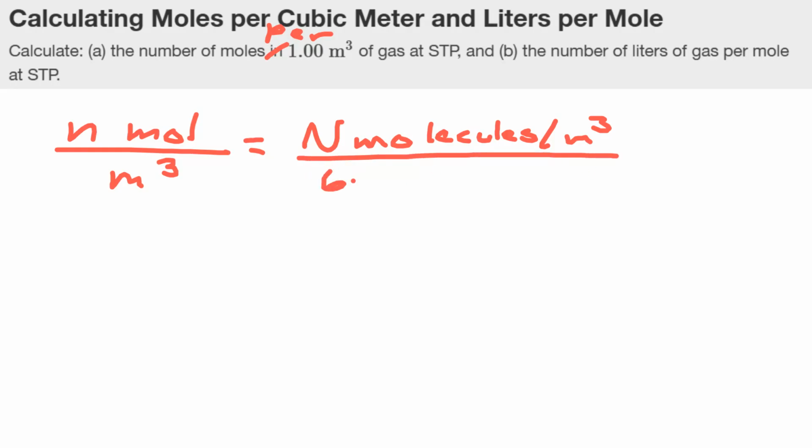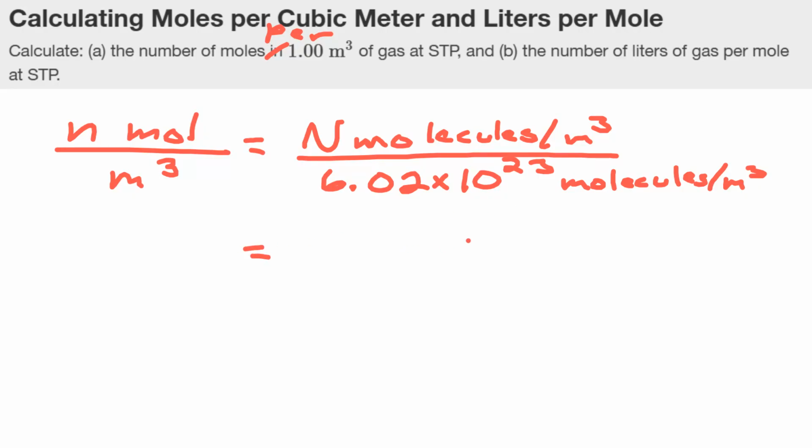I'm going to have to write this on a different platform than Google Slides. I just don't like the way the marker looks. And that is molecules per meters cubed.